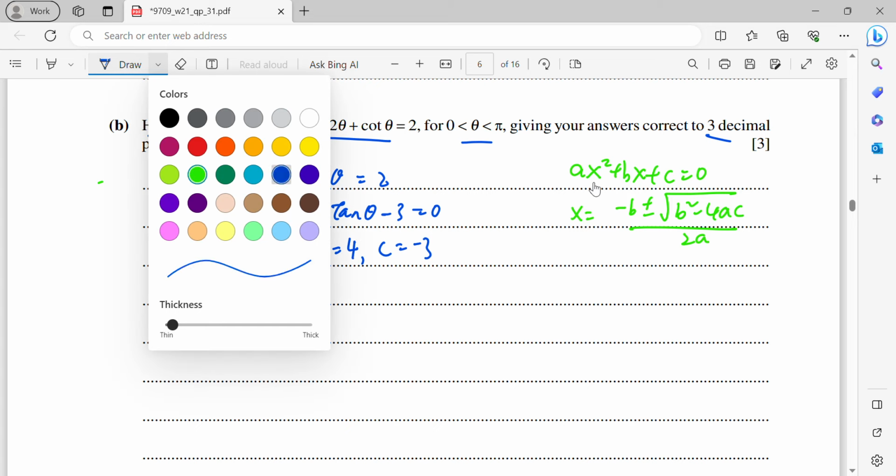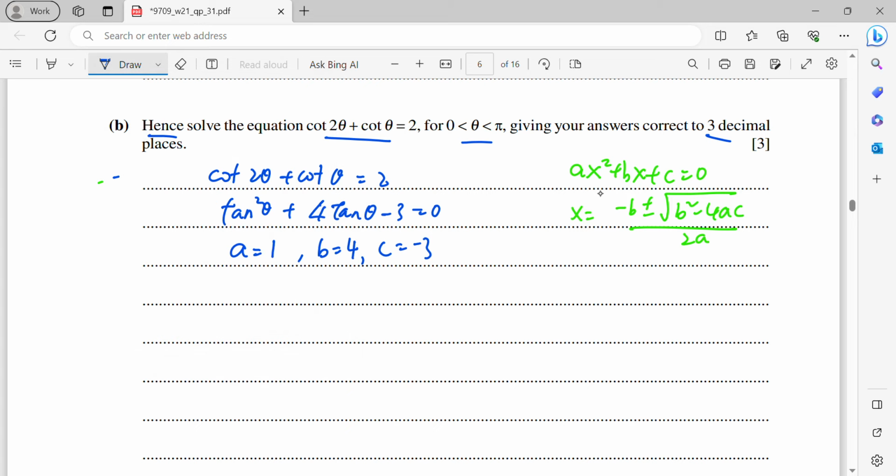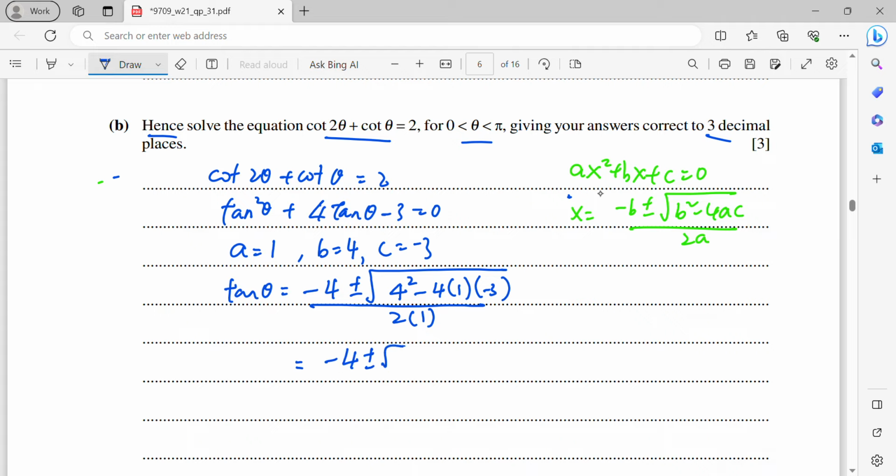Okay, so now your equation is in terms of tangent theta, which means your x has been changed to tangent theta. So I will get tangent theta is minus 4 plus minus square root of 4 squared minus 4 times 1 times minus 3, over 2 times 1. From here, you will get minus 4 plus minus square root of 28 divided by 2.